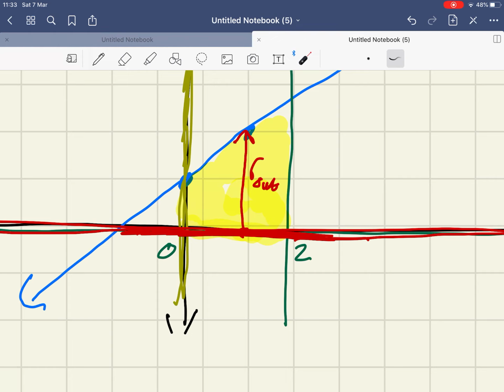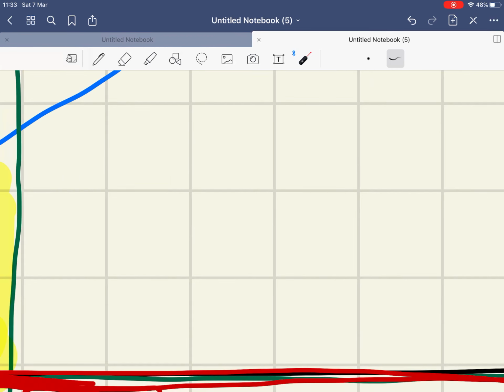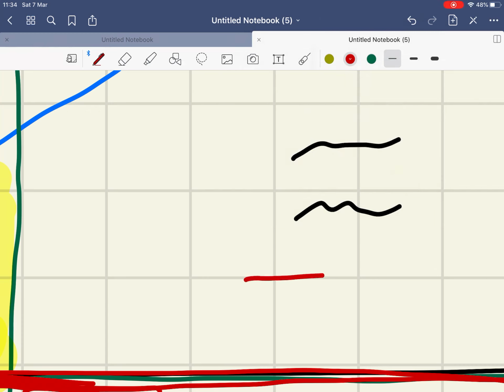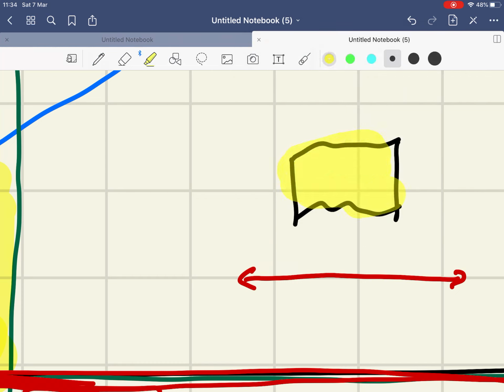If there is a space, for example, I'll just do a big example here. Suppose that my region is like this, and my axis of revolution is somewhere here. Let's just imagine this is just an example. Now this is my region, and this is my axis of revolution.